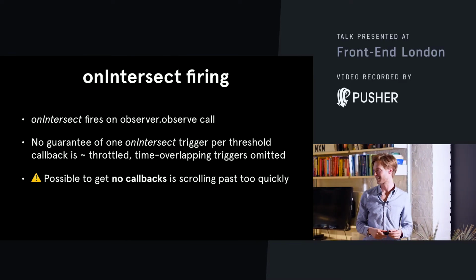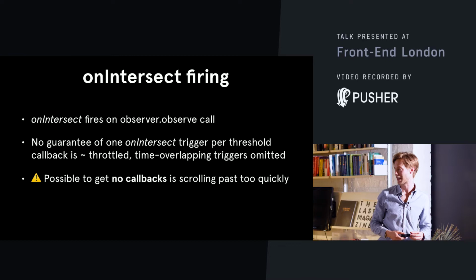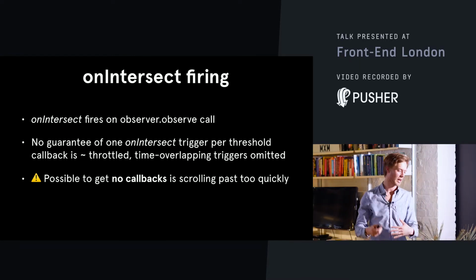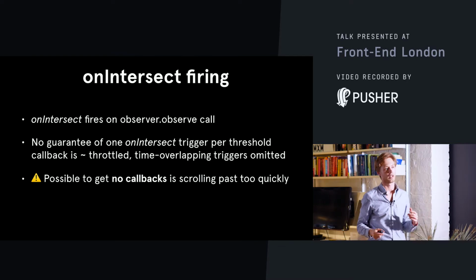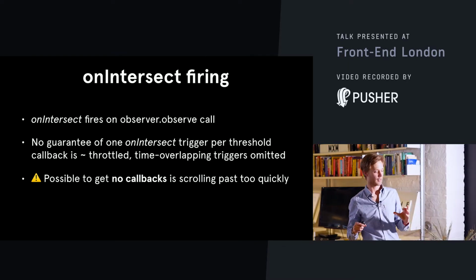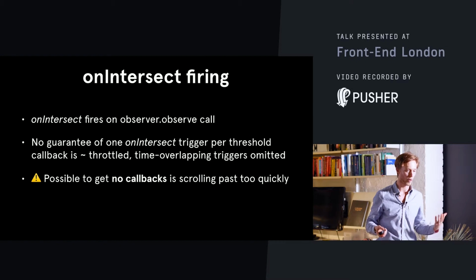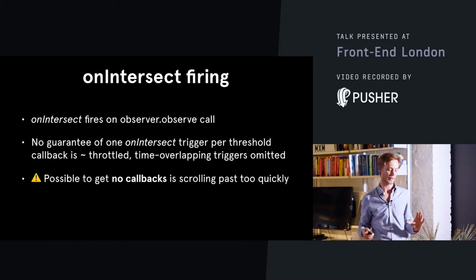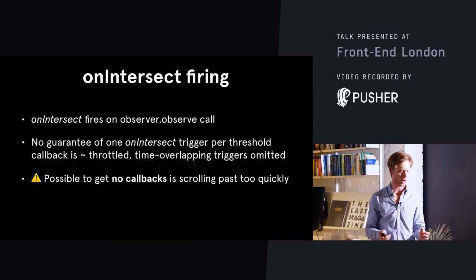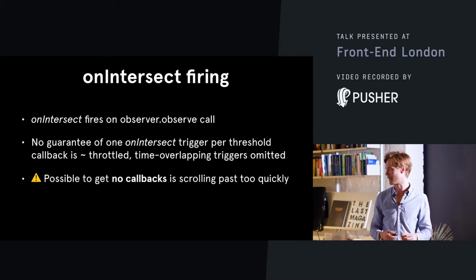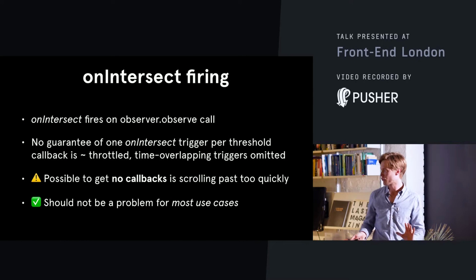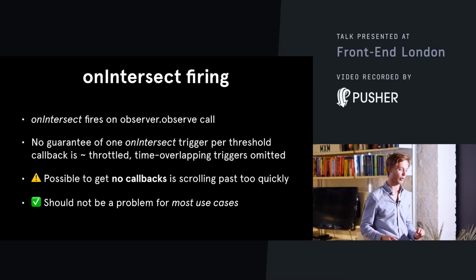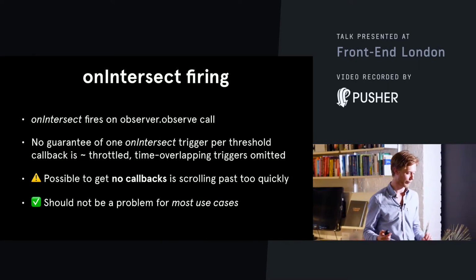But in Firefox, in my tests, you can get this to happen quite reliably. It's just another point to note about this API, that this API is not about getting exact data. It's about getting performant InView monitoring. The trade-offs are in order for it to be performant rather than to be super accurate. But for most use cases, what we use IntersectionObserver for, this should not really be a problem. It's just something worth noting.